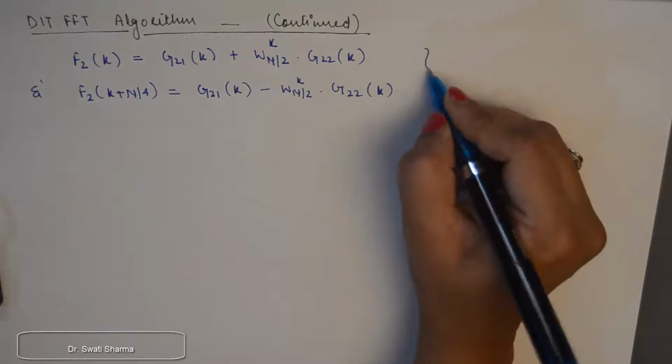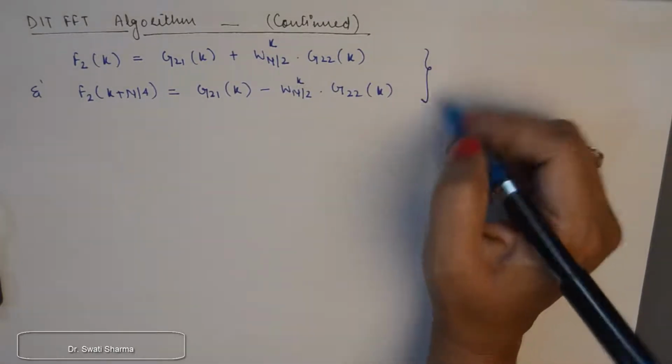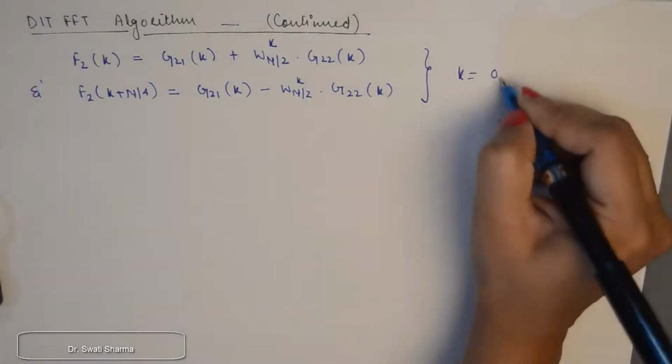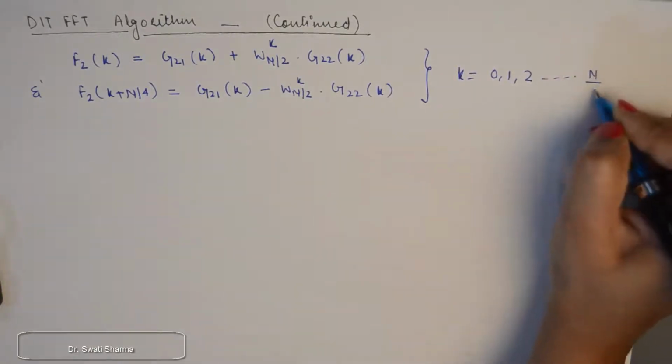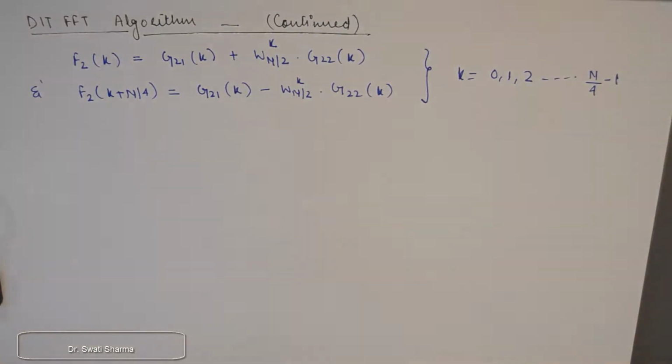And for both of these equations, k ranges from 0, 1, 2 till N by 4 minus 1.